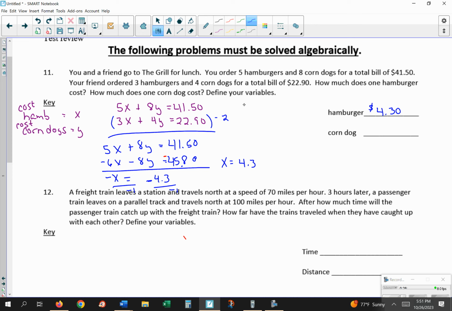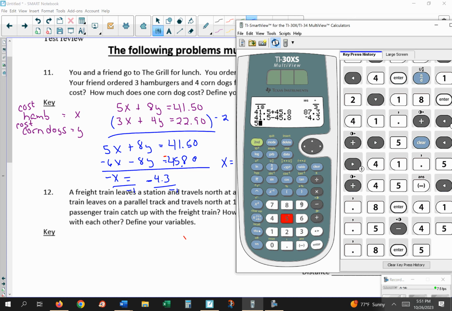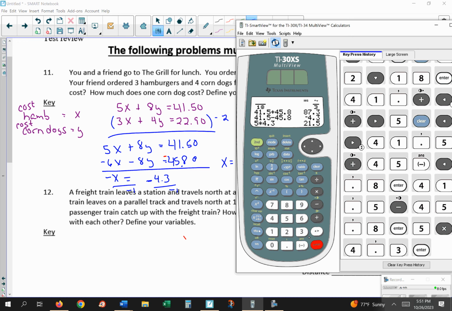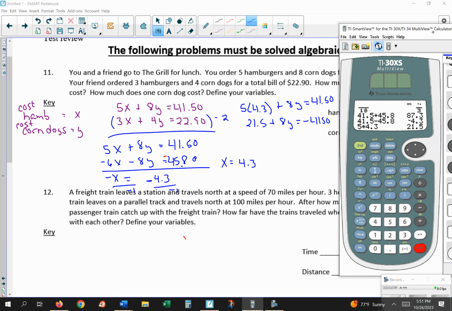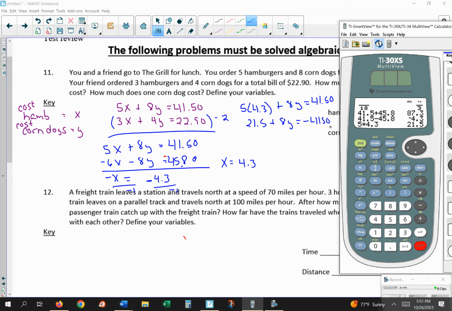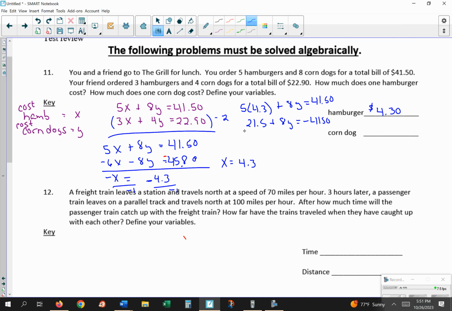My corn dog I'm going to have to substitute back in. So 5 times 4.3 plus 8y equal to 41.5. So 5 times 4.3 gave us 21.5. And subtract my 21.50 from both sides.